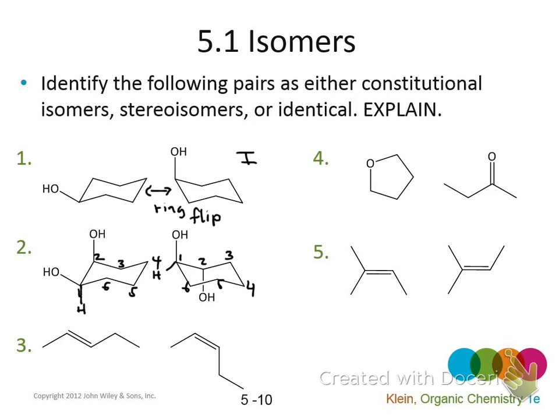Well, on one it's going up, and then the other is going down. So even though the ring is flipped, you can tell that the groups are not on the same side like they are on the molecule on the left. This is the cis molecule. This is the trans molecule. Because they go opposite sides, they're stereoisomers of each other.